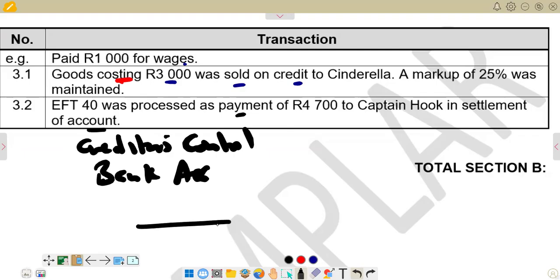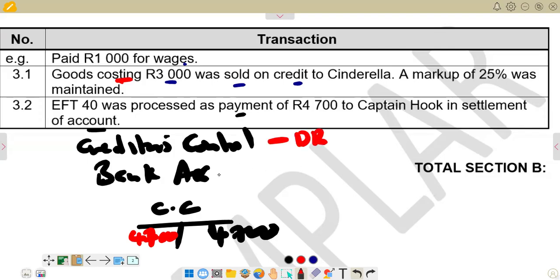Initially, when we bought from the creditor, we credited creditors control with 4,700. Now we are paying the creditor, so we go to the opposite side. We are debiting creditors control 4,700. So basically we're going to debit our creditors control.